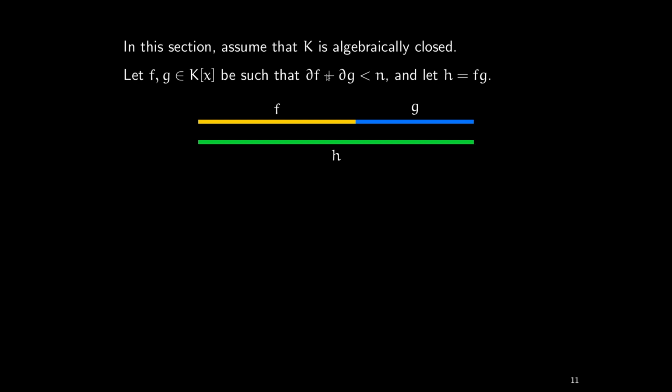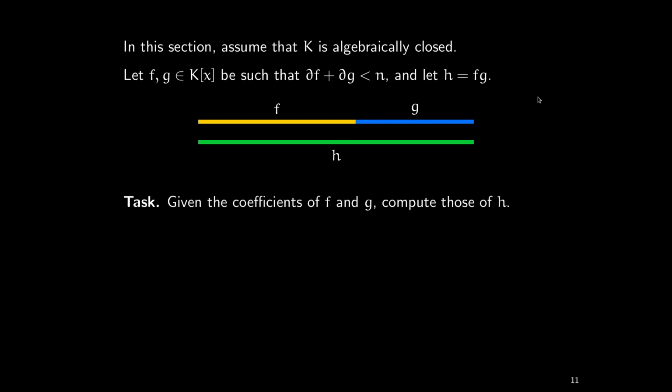And f and g may be polynomials that have arbitrary degrees as long as the sum of the degrees does not exceed n. So they don't necessarily need to have the same degree. It could be unbalanced, like in this picture, where f is a little larger than g. It's just that the sum of the degrees, which is the degree of h, should be less than n.